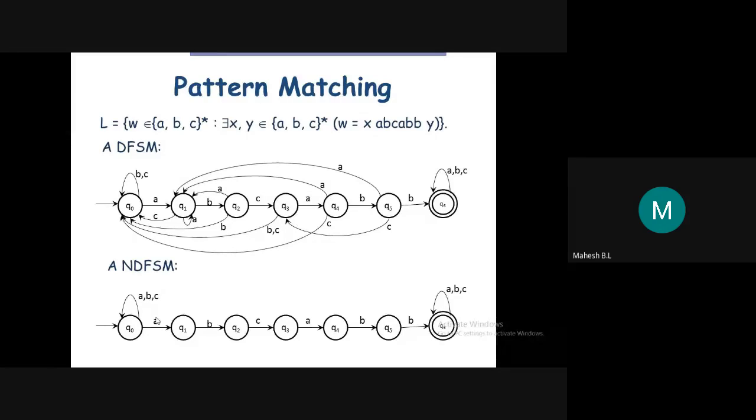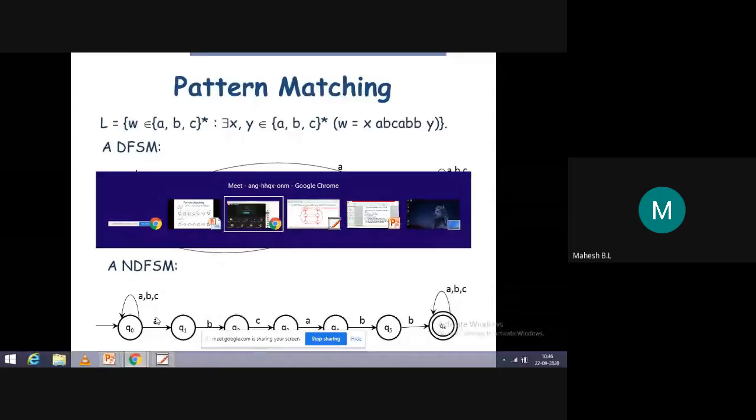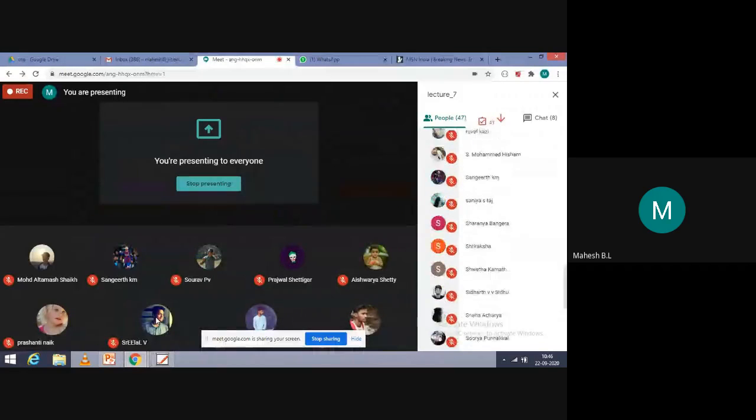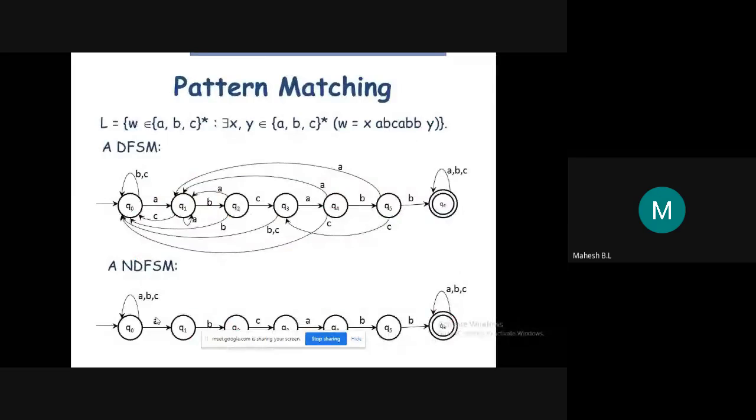This is another complicated language which is designed very easily by using the NDFSM. I hope this example is clear to you. Just concentrate on the NDFSM. The DFSM looks very complicated with a lot of transitions, but the NDFSM is doing the same work, and it is very simple.